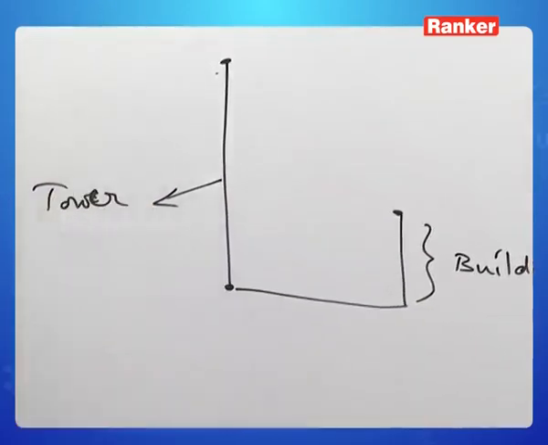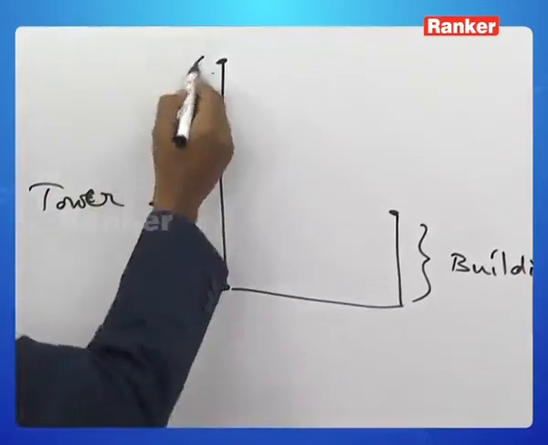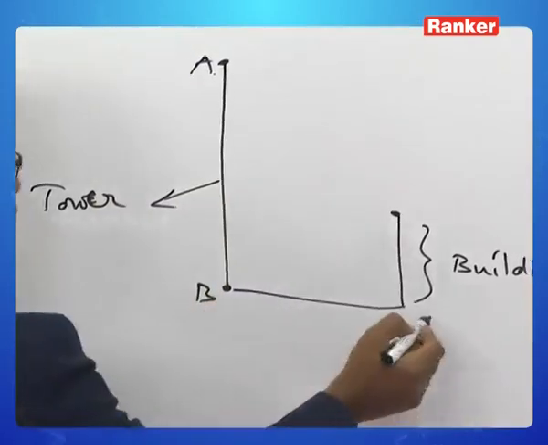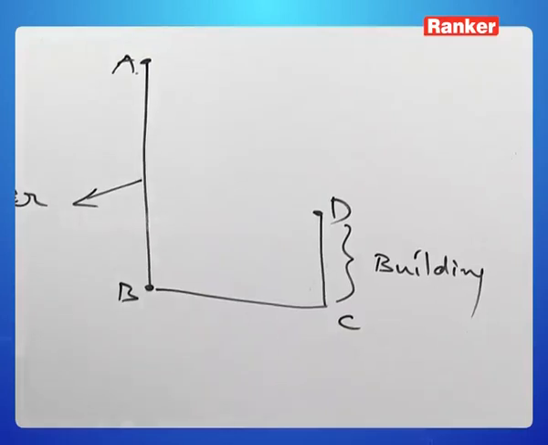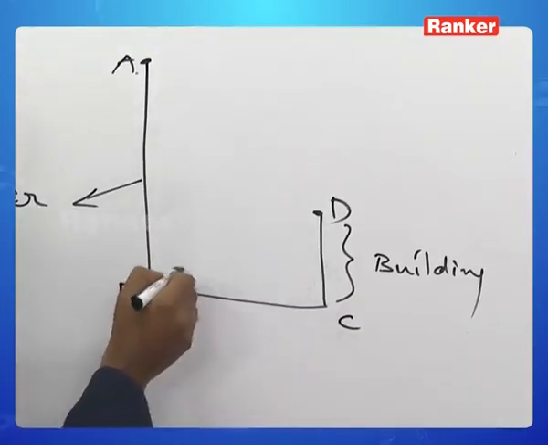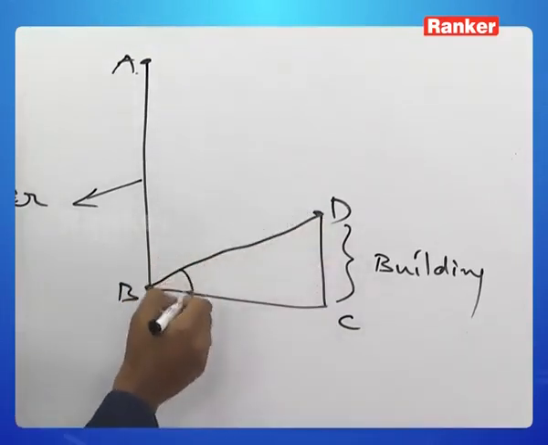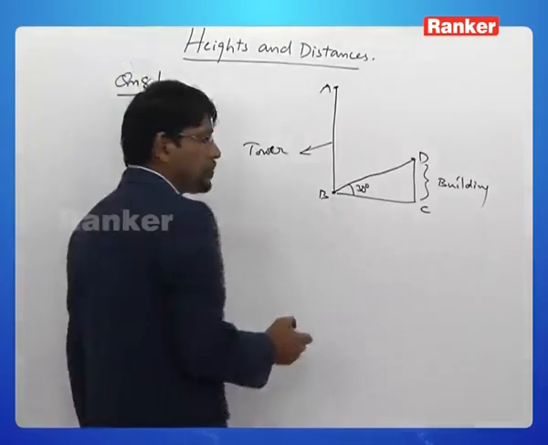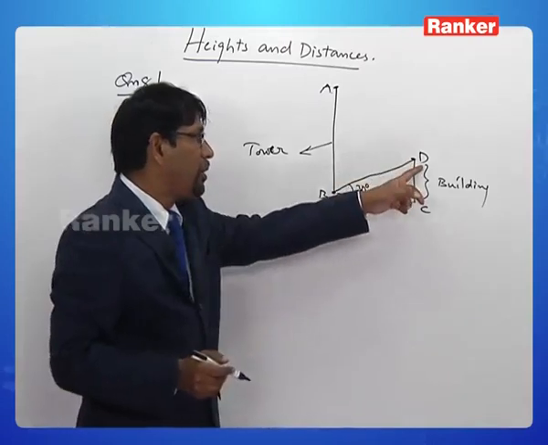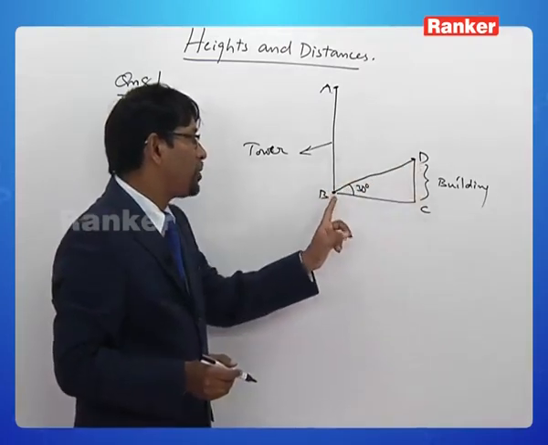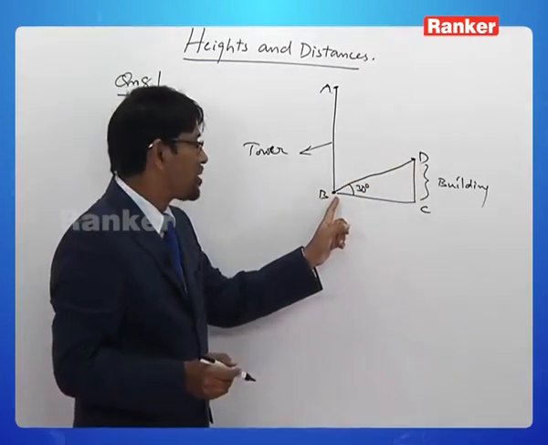Let's say AB is the tower, and CD is the building there. He says this angle is 30 degrees. The angle of elevation of the top of the building from the foot of the tower is 30 degrees.